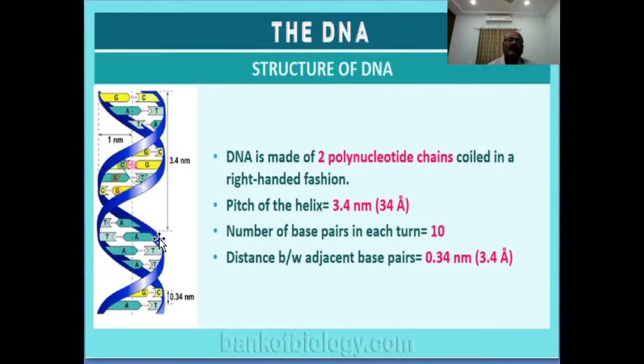The distance between two nitrogen bases of the two same strands is 0.34 nanometers, equal to 3.4 angstroms. Here to here, one complete turn length is 34 angstroms. The distance between two successive nucleotides is 3.4 angstroms or 0.34 nanometers.